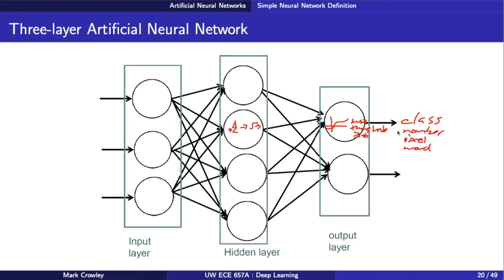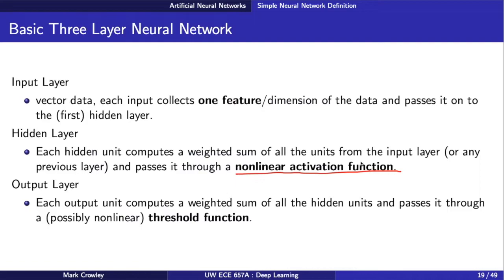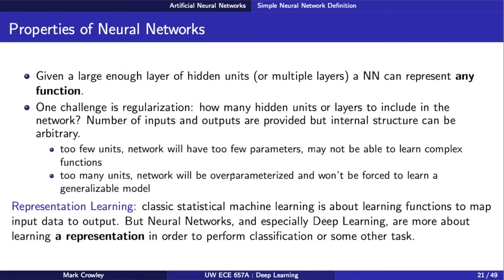But they're all numbers at base. It's just you're turning them into something else if it's more than a number. So the output could be nonlinear or not, but this part has to be nonlinear. Okay, so essential properties. And there's another slide that talks about this in more detail.